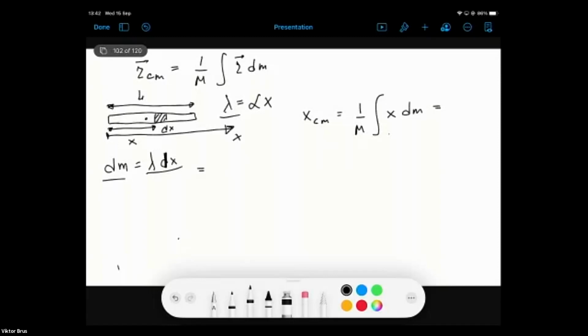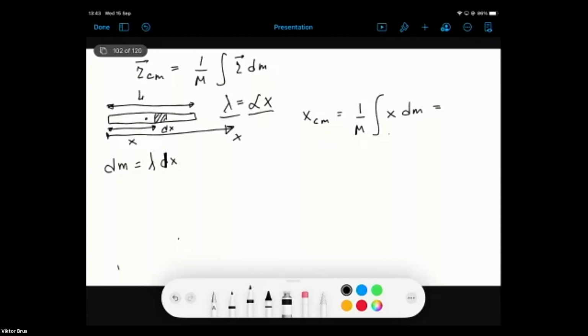Okay, so we also have the same equation to deal with, and also go through this transition from dm to lambda times dx, so it's the same concept. However, we need to consider further that lambda is not constant, it's just alpha times x. So let us write it down.